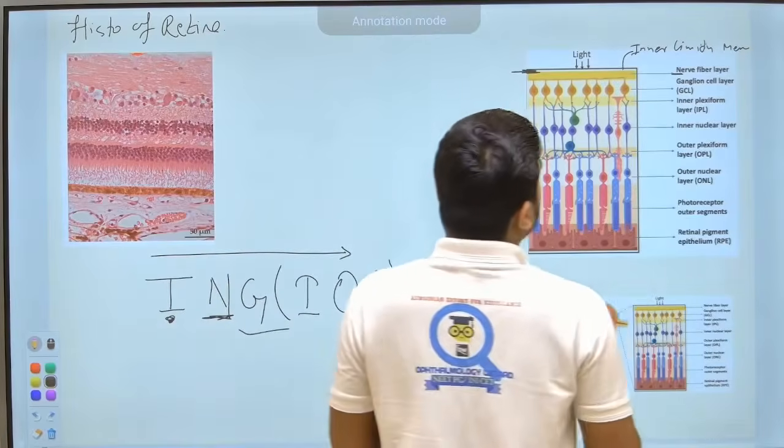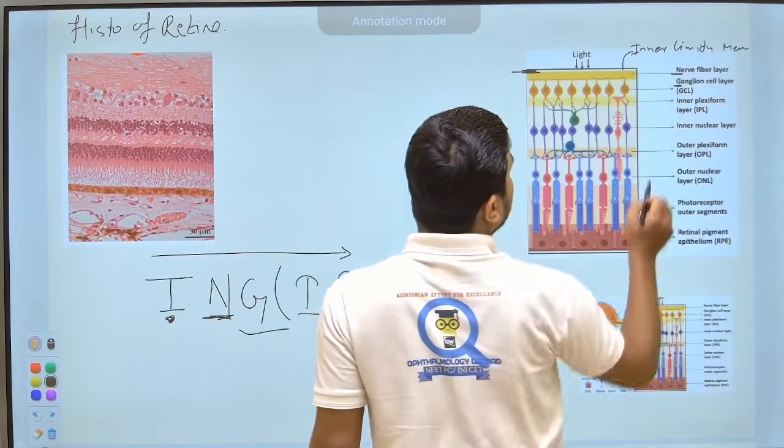Similarly, G is the ganglion cell layer.